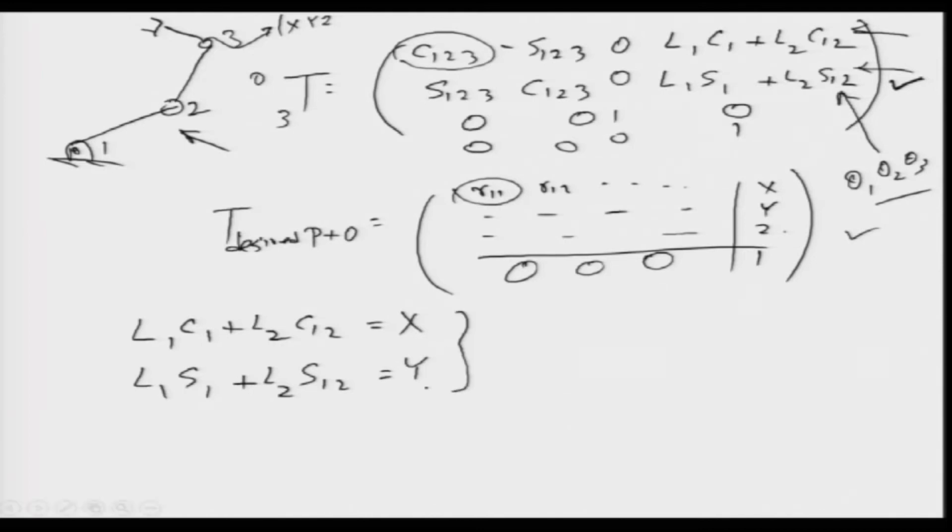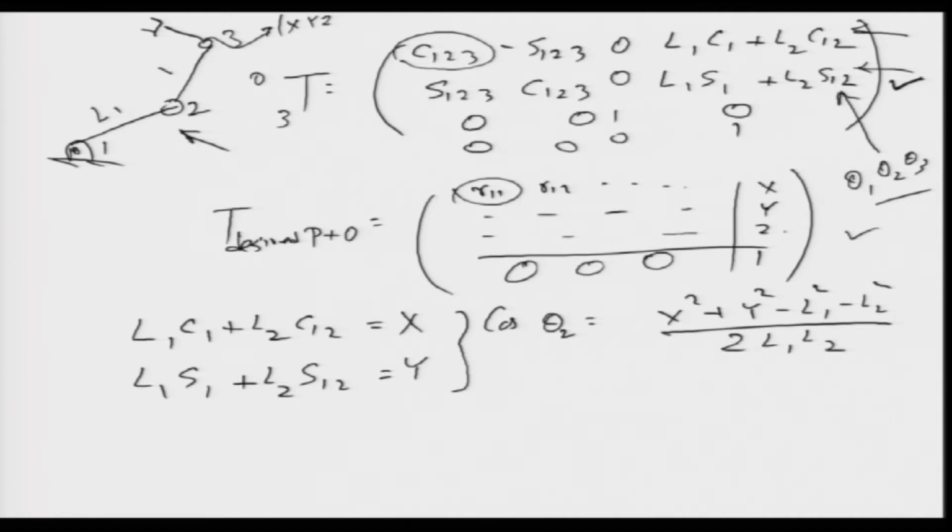Then we square and add, and so what happens after squaring and adding, essentially I can find cos theta 2 is equal to x squared plus y squared minus L1 squared minus L2 squared divided by twice L1 L2. So, L1 L2 are the link lengths, this is angle theta 1, this is angle theta 2 and that is angle theta 3.